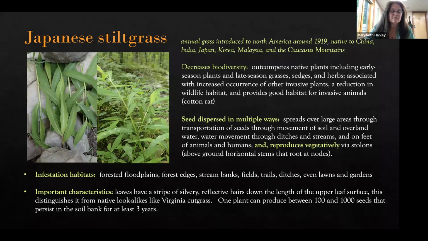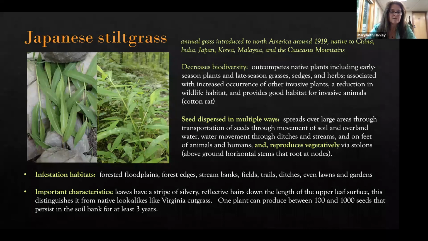Another one that we've tried to manage in the forest is Japanese stilt grass. This is an annual grass that decreases biodiversity, not just of plants, but of animals as well. It's dispersed in a number of ways. It can spread over land through the movement of soil and water, it can move through the water, and it's spread by people.